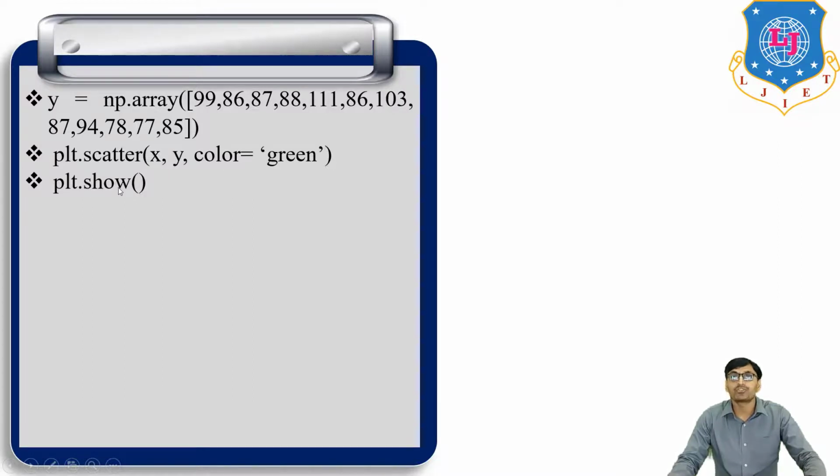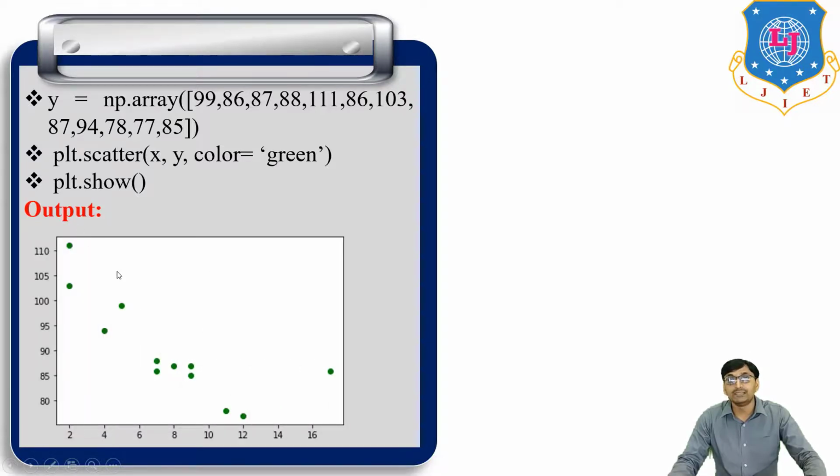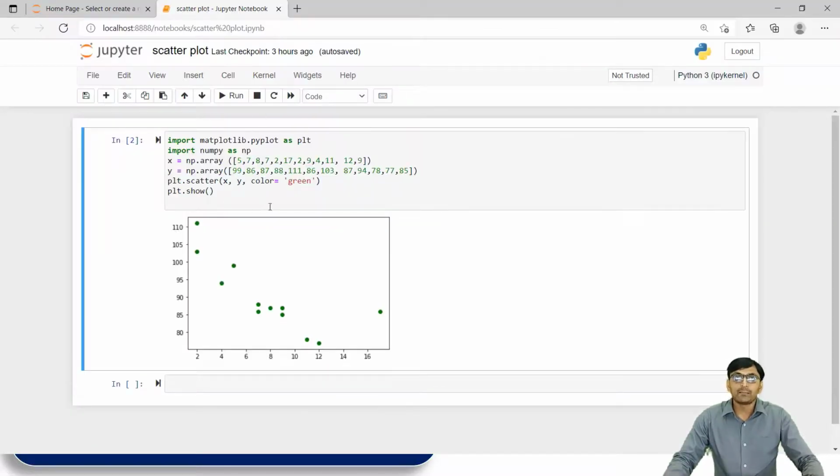Then plt.show. If we run this program, the output in Jupyter is a scatter graph. The first point, second point, third point, up to the 12th point are in this graph. Now we run the same program in Jupyter. Same program: import matplotlib.pyplot as plt, import numpy as np, with the same values for the x-axis and y-axis. The x-axis represents how old the car is and the y-axis represents the speed of the car, and there are 12 cars.